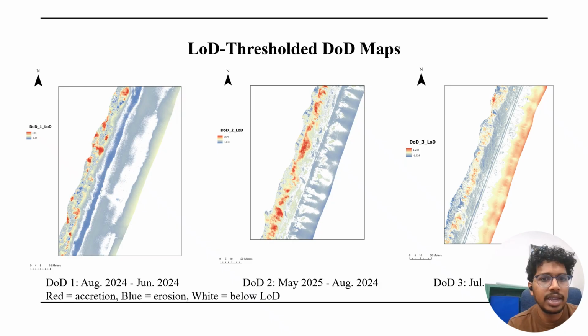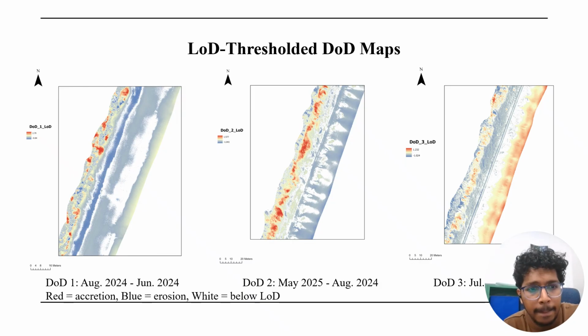These are the three LOD threshold maps that we created for the 4 timelines, or the 3 DOD analyses, where the uncertain elevation levels have been removed so that the accuracy stays much better. From these three, you can see the red area is the accretion that showed up all over the 3 maps, blue is the erosion, and white is below the uncertainty threshold.